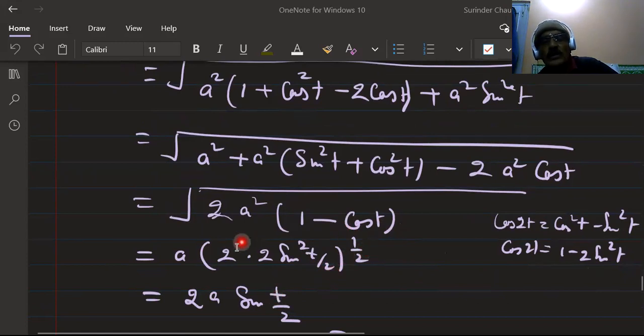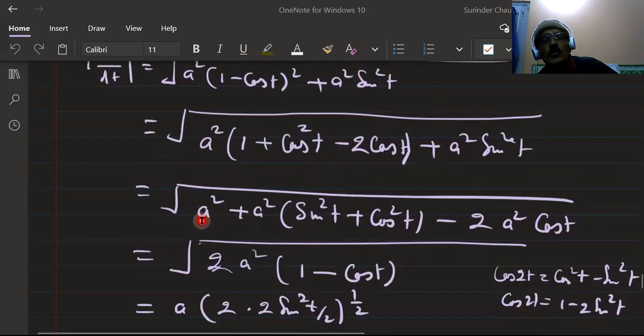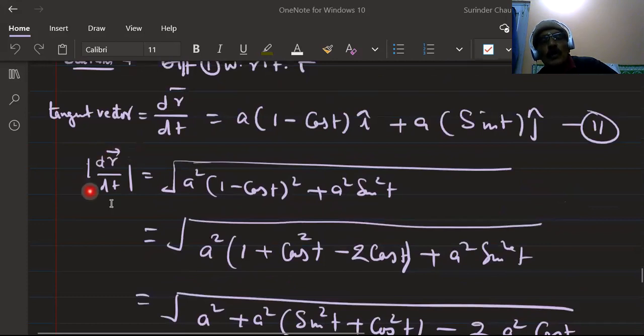Then 2 into 2 gives 4 a square sin square t by 2, so the magnitude is 2a sin t by 2. This is the magnitude of the tangent vector at any point p.